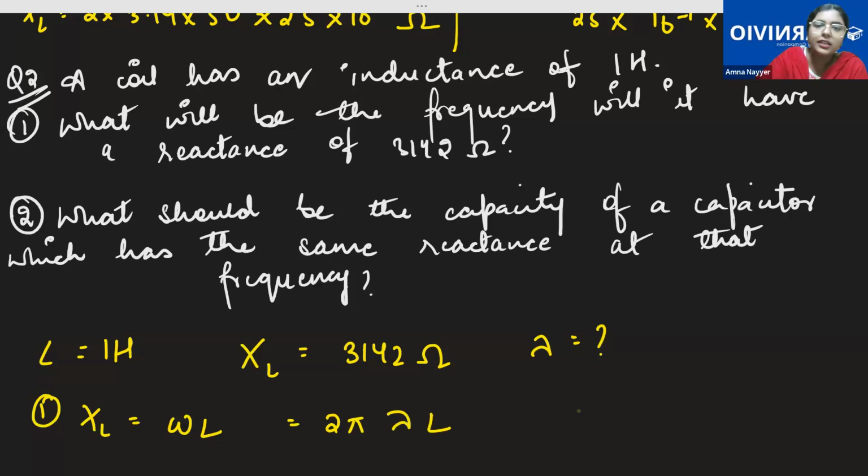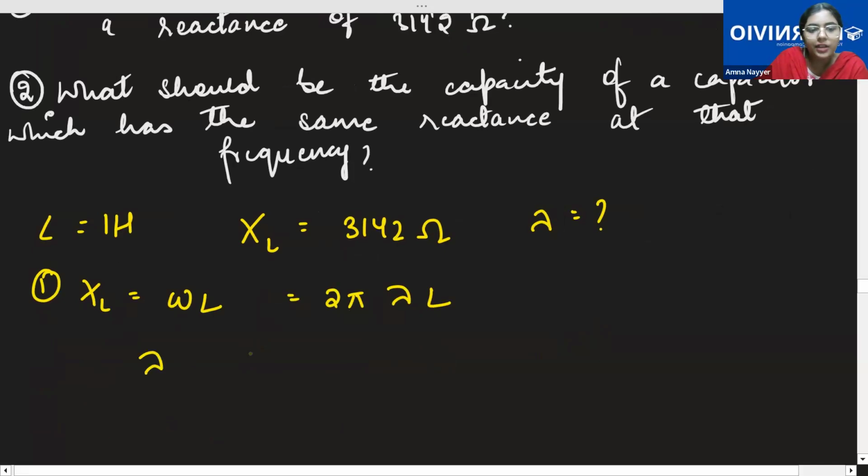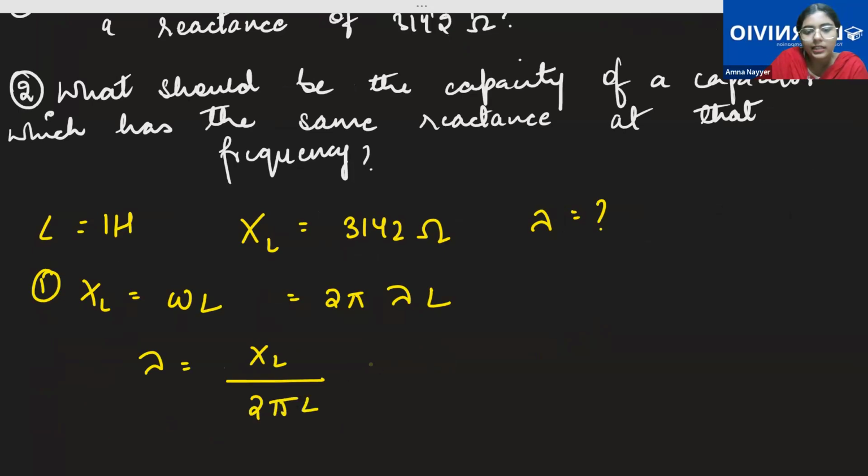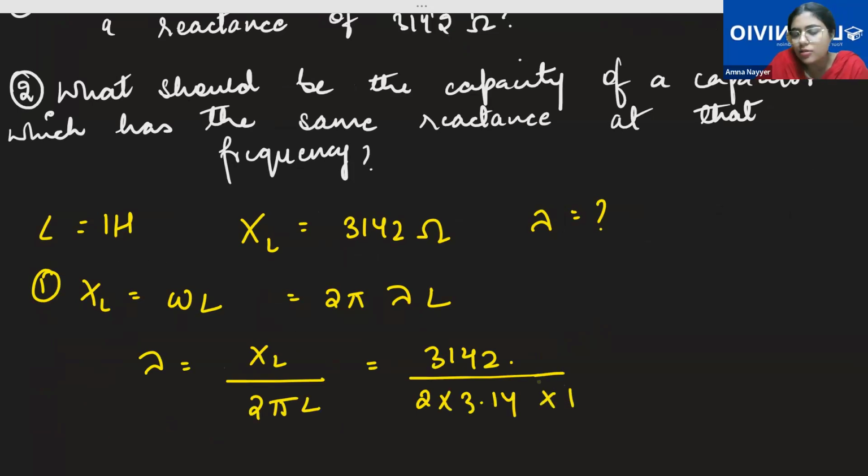So linear frequency will be XL divided by 2 pi L. XL is given as 3142 ohm divided by 2 into pi, which is 3.14. I think these will cancel themselves because L is also 1. This is also 3.142 when we take the value of pi. So this is 100 by 2, almost 50 hertz. The exact value you can calculate later. Right now you can put it as 50 hertz.